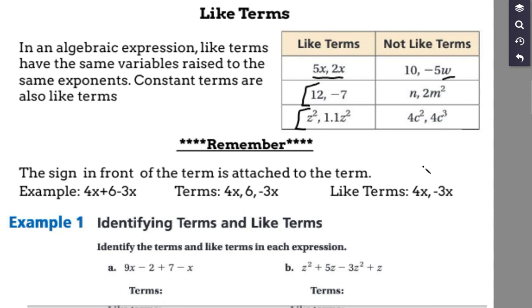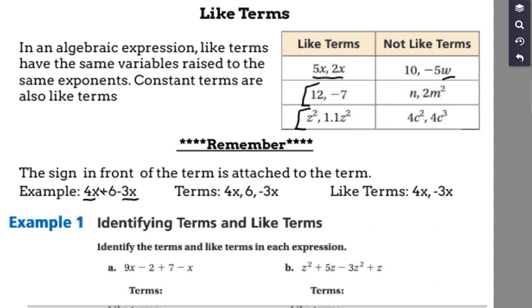Okay. So remember, the sign in front of the term is attached to the term. So if we were going to simplify this, we would add together the 4x and the negative 3x. Those would be similar to each other. And then here, we identify the terms.